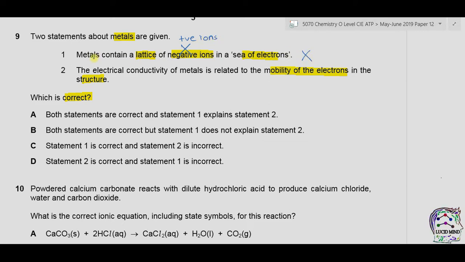This is because metals always lose electron to form positive ions. Statement 1 is therefore incorrect. In statement 2 they have given that electrical conductivity is related to the mobility of electrons in the structure. This is true because metals conduct electricity because of the presence of mobile electrons. So therefore statement 2 is correct and statement 1 is incorrect. The answer is therefore D.